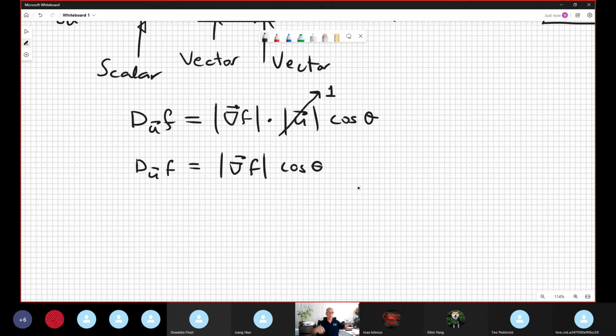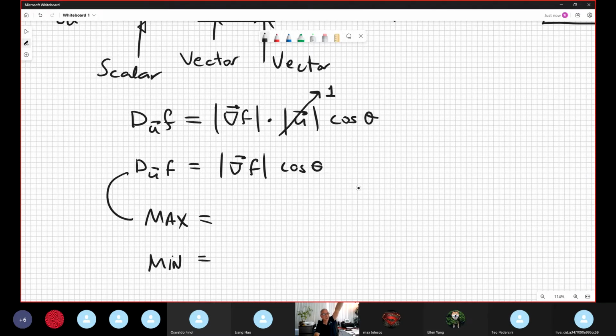Okay? I want to investigate now in what direction the directional derivative is maximum or minimum. This is important, no? So you have a surface, I have a point. I want to investigate what is the steepest ascent on this mountain.